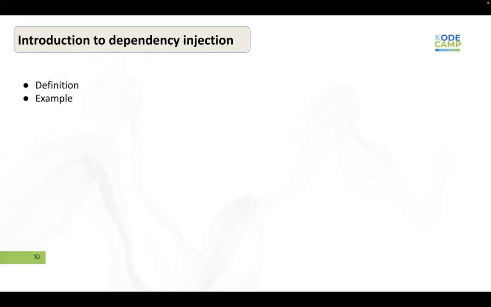JavaScript tried to add classes to support object-oriented programming and to work like Java and C++, all of which are object-oriented programming languages. Though JavaScript is not 100% object-oriented, it tried to add this to make it look like it is. So before ES6, we had to use constructor functions, but then they introduced classes.